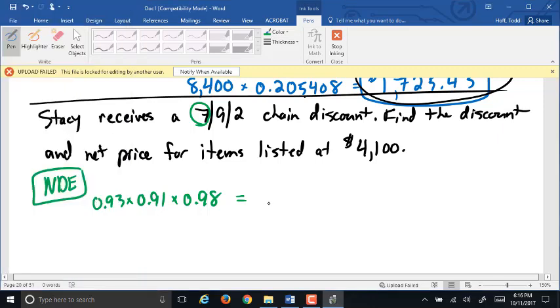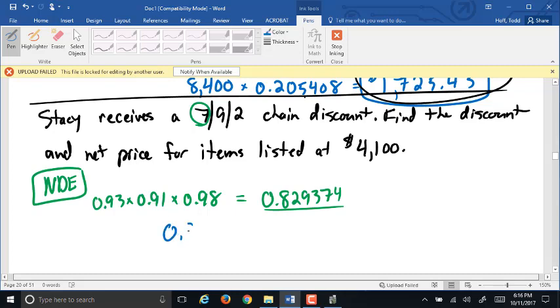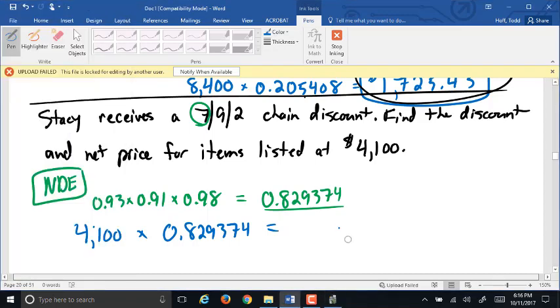Which is 0.829374. Now we just will go ahead and use that to find the net price of $3,443. So $3,400.43.